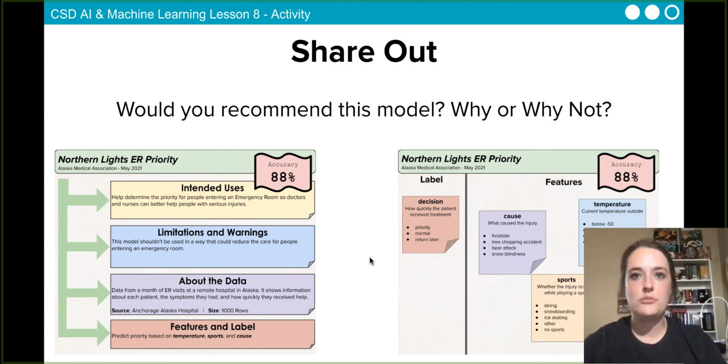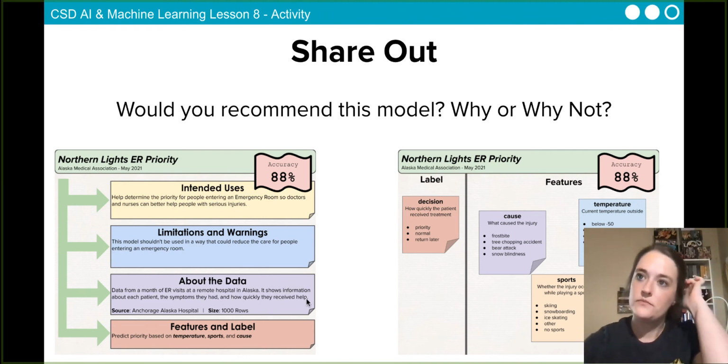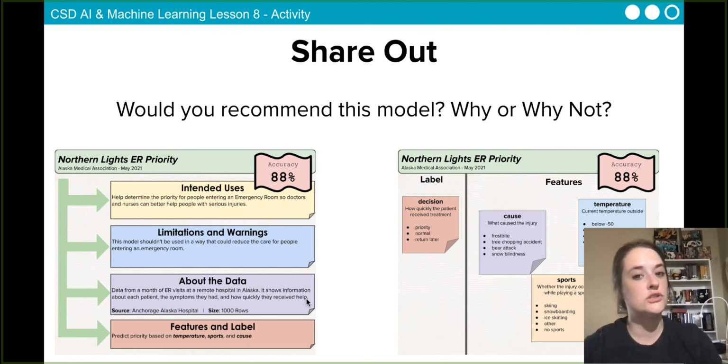All right, 88% of data. This model has features that are very specific. If you look at the data information right here about the data, it was trained in a rural hospital in Alaska. And this means that it probably won't do very well outside of Alaska or in other areas that are more diverse.